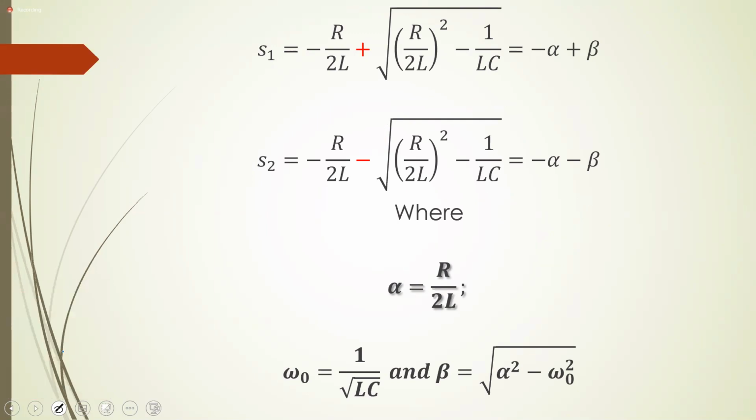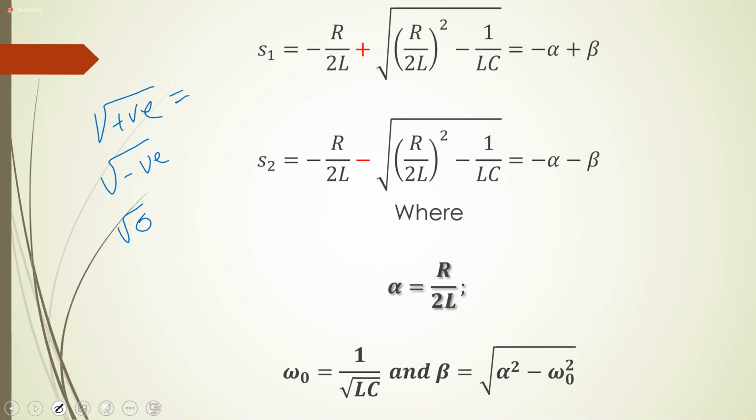Within the square root, we can find the square root of a positive number, we can find the square root of a negative number, or we can find the square root of 0.